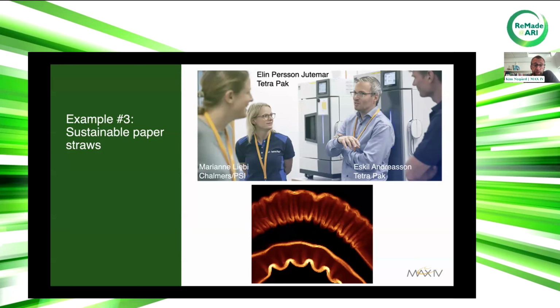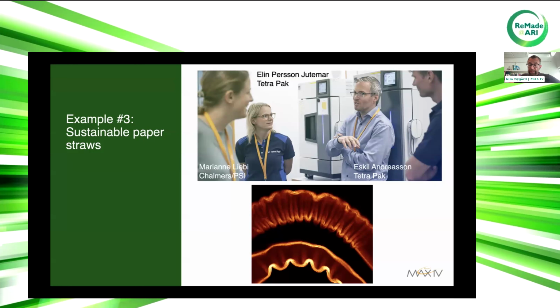So there's a need to use more bio-based raw materials in food packaging, for example, paper straws being one example. And then one needs to improve and optimize the properties.